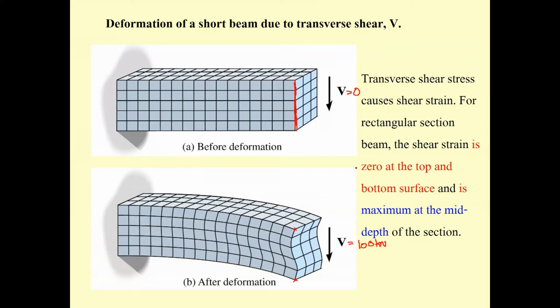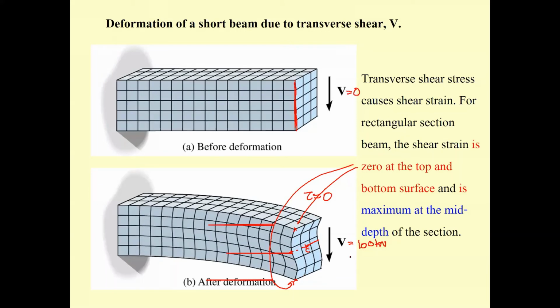That means it has zero deformation on the top and the bottom. That means at this point tau is zero. This is the observation of the deformation of the rubber beam. Then the maximum deformation occurs here, along the line that passes through the centroid of the section. The deformation is large, which means the stress is large.